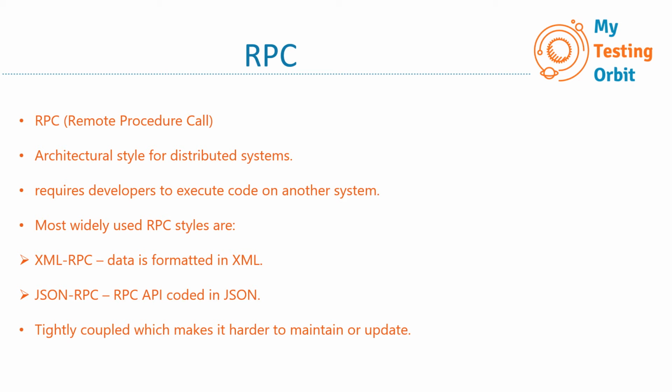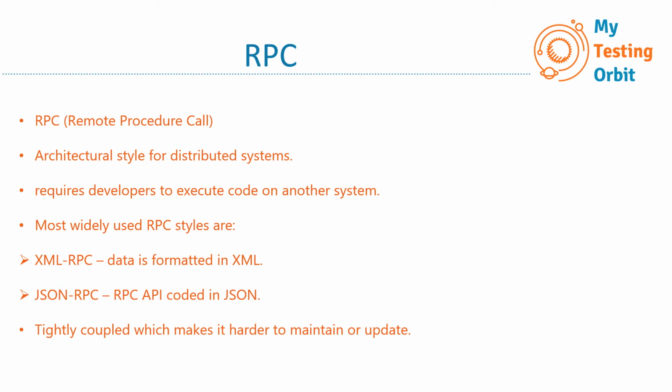All right, okay, so the central concept in RPC is the procedure. The procedures do not need to run on the local machine, but they can run on a remote machine within the distributed system. For example, we can take an example of remote error logging. RPC APIs are very easy and simple to develop, but because they are tightly coupled, it makes it difficult to maintain or update.